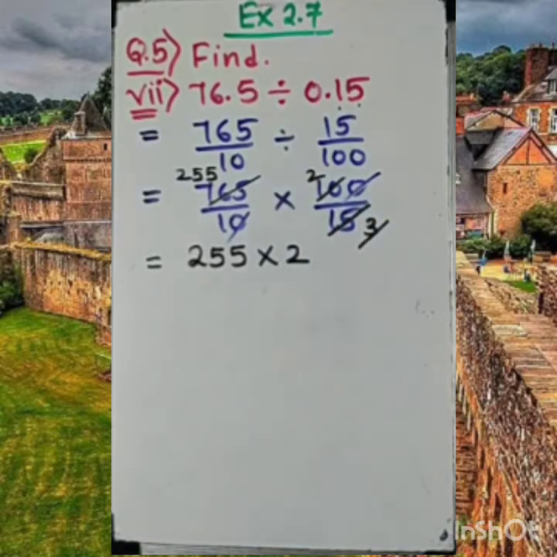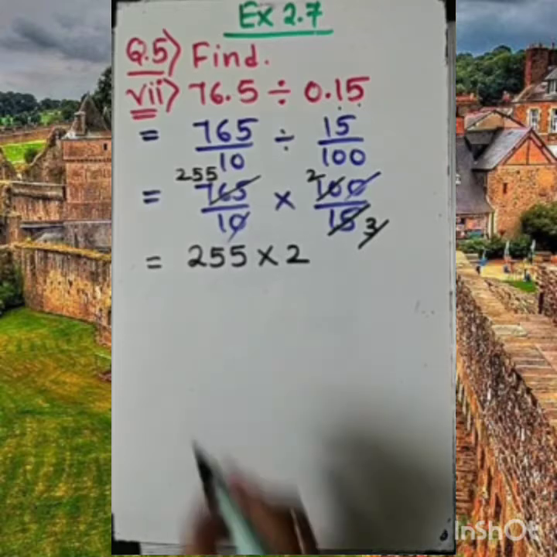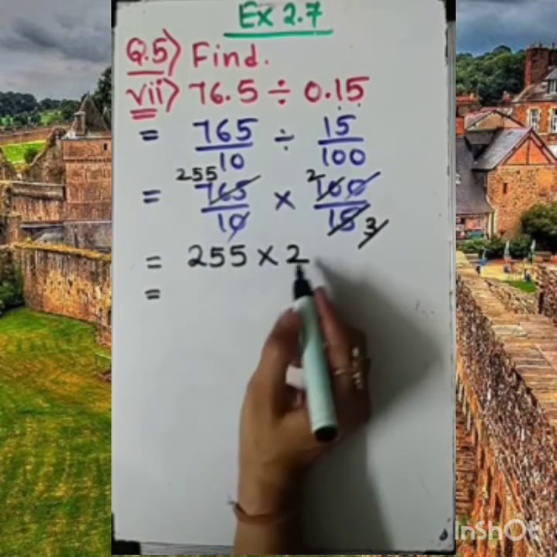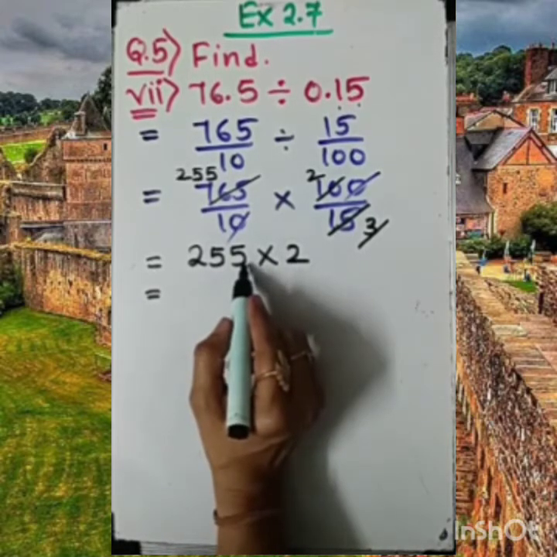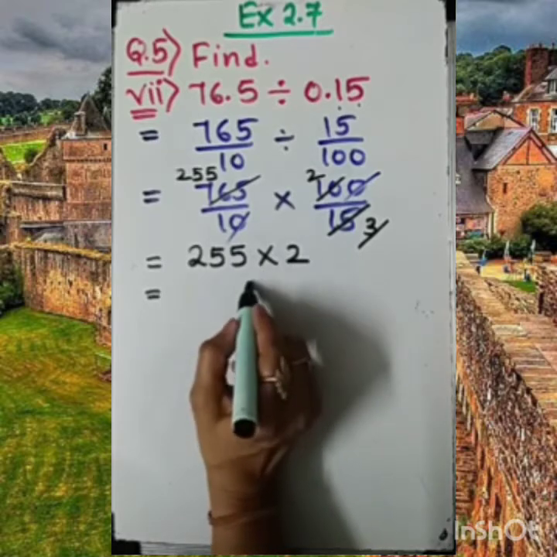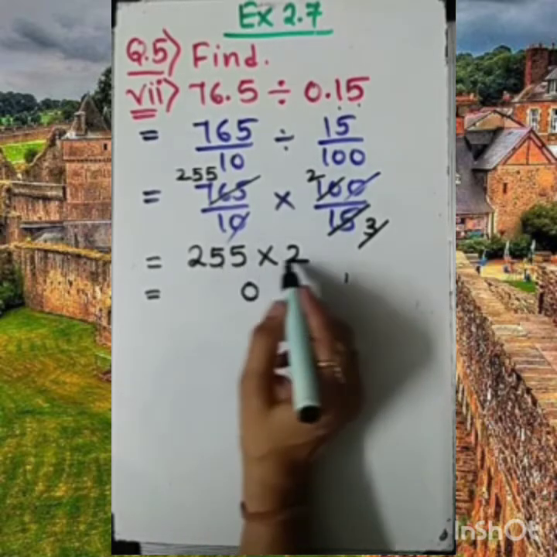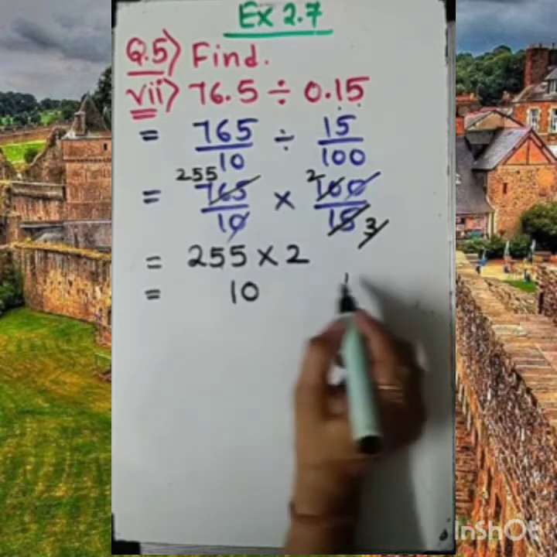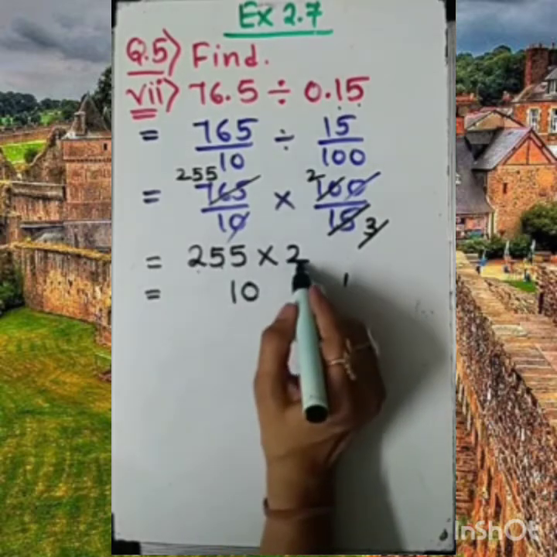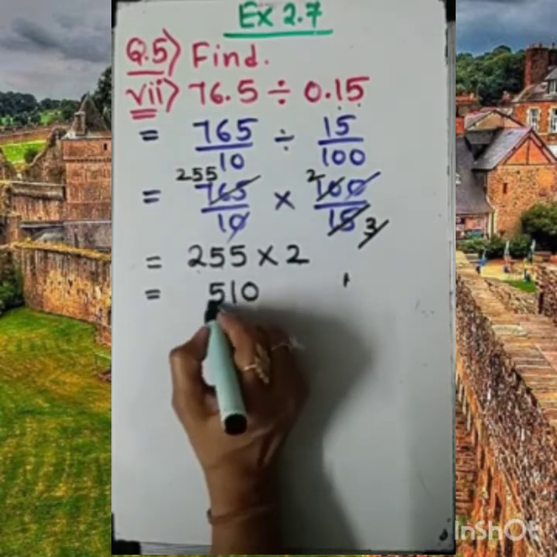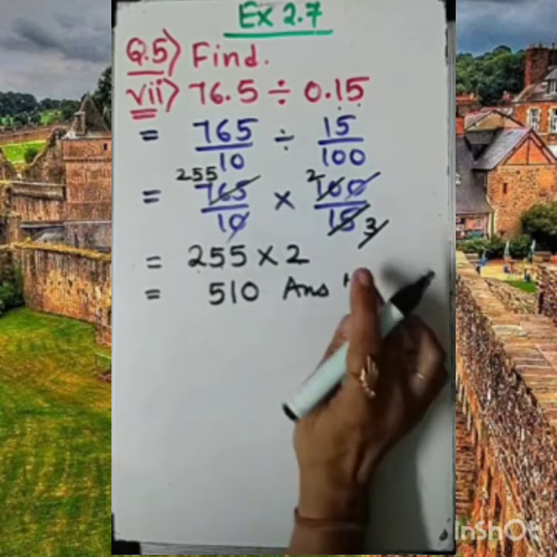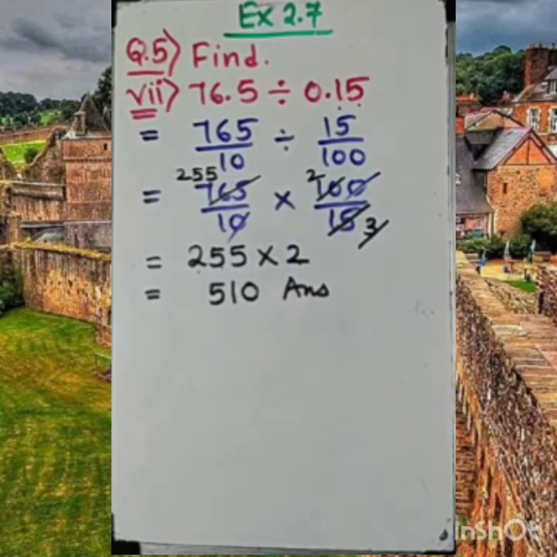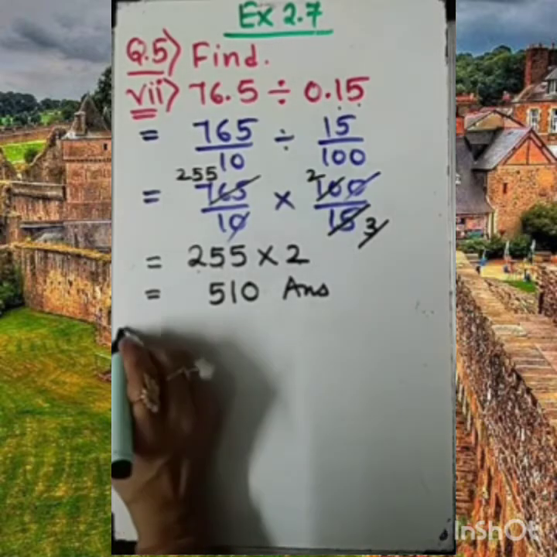So in that case we need to multiply 255 with 2. So let's try to understand. 5 2s are 10, 1 carry over. 5 2s are 10 plus 1, 11, 1 carry over. 2 2s are 4 plus 1, that is 5. This is just double of 255, is 510.